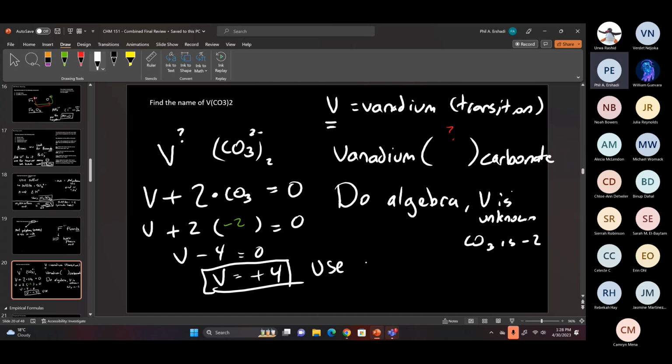And then we're just going to use a Roman numeral for that, and that is IV in the parentheses. So your correct final name is vanadium 4 carbonate.